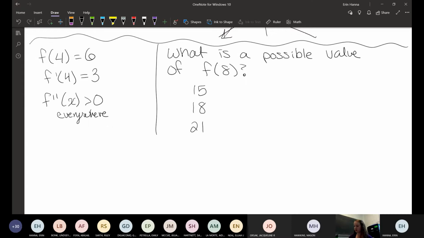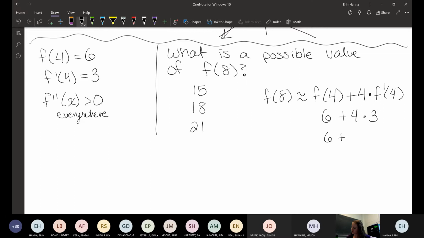So if you estimate f of 8 using the idea we had from 2.3, f of 8 is approximately f of 4 plus 4 times f prime of 4, because 4 is 4 steps away from 8. So we would have 6 plus 4 times 3, so 6 plus 12, so 18.